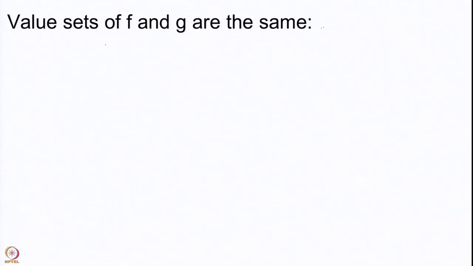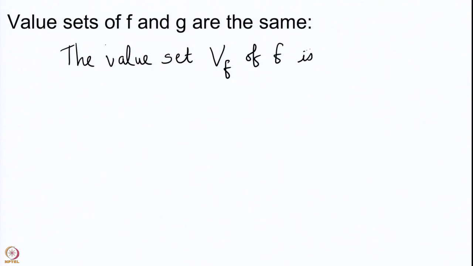So, the value set V_f of f is, we apply f to Z cross Z. So, you are going to take m comma n, where both m and n come from integers, and you apply this binary integral quadratic form to the pair m comma n, and then whatever the values of this form that you get, the whole set, this is the set.